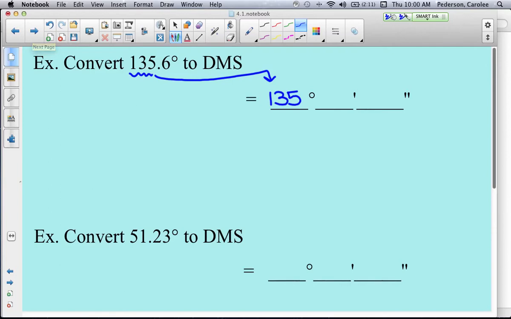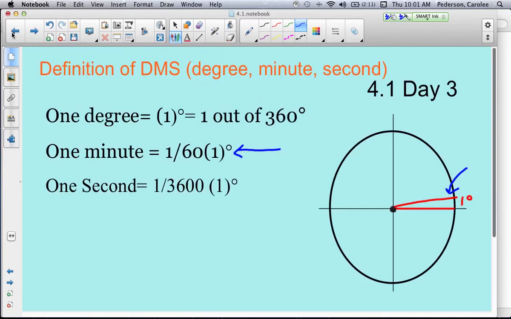If this decimal was 0.5, like a half of a degree, how many minutes would that be? Let's go back. If I said it was 0.5, it would be a half of a degree, correct? Which would be about 30 minutes.